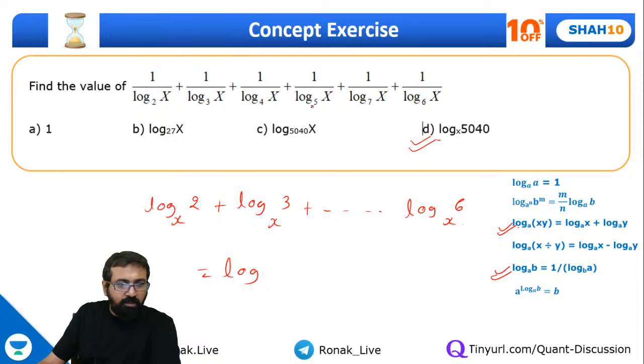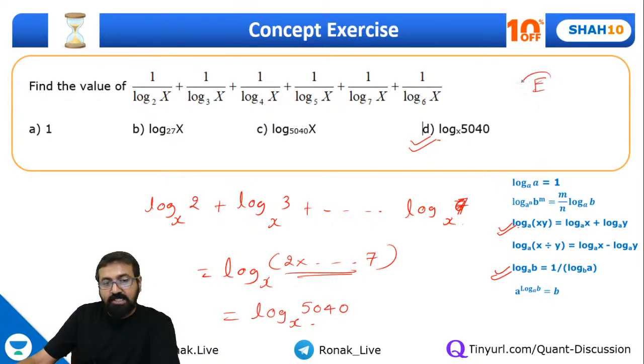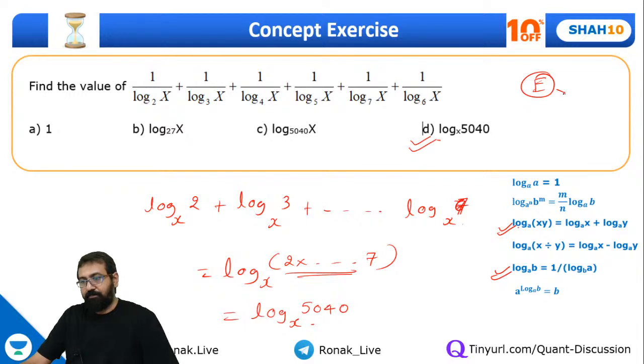There is 7 over here, so 2, 3, 4, 5, 6 and 7. So it's going to be up to 7, by the way. So this will be log of 2 into 3 into 4 up to 7 with base x, correct? So this is 7 factorial, I'm sure all of you remember, 5040 with base x. So this was actually a very easy question.